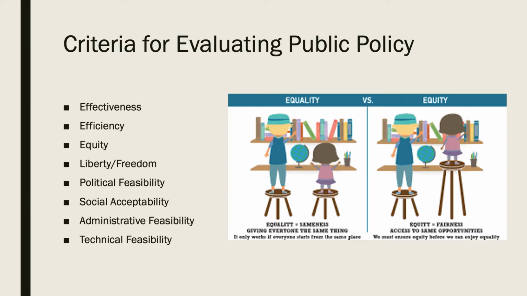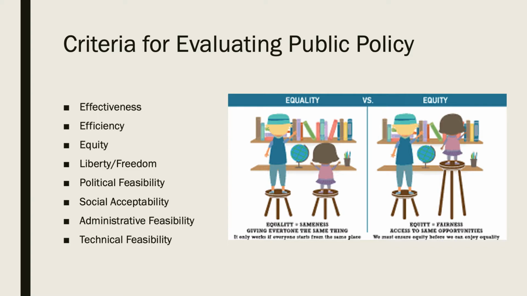So if you have an education program that is supposed to help fund schools, is it funding schools in a fair way? And if it's not, then we need to change that program, enact new policy, and change the way we fund schools to be more equitable.